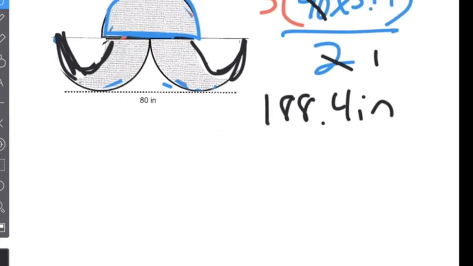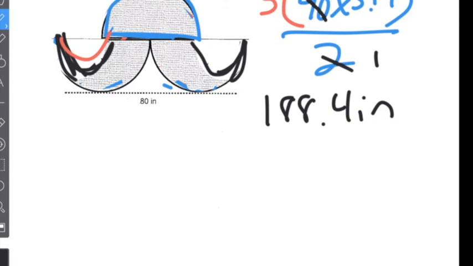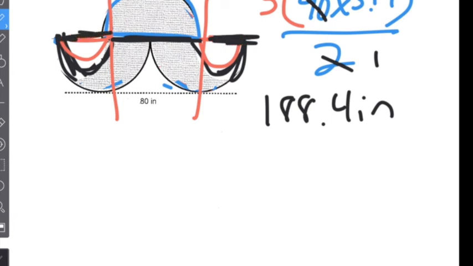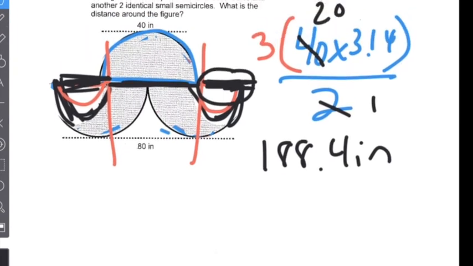Then if you look at the little semicircles here, this is the diameter. I'm going to draw some lines down here. This is 40, and this area plus this area is going to equal 40 also. So if this plus this is 40, this has to be 20. So this is 20, and this is 20.